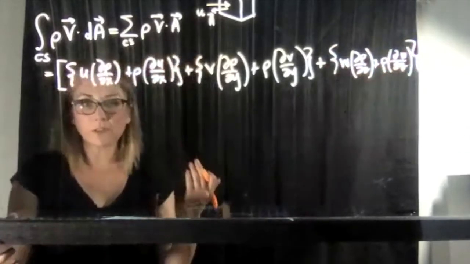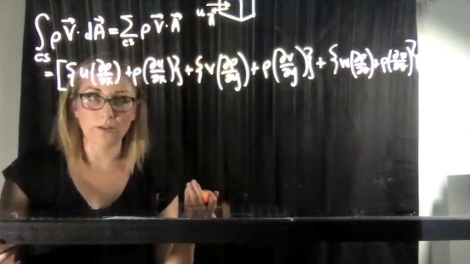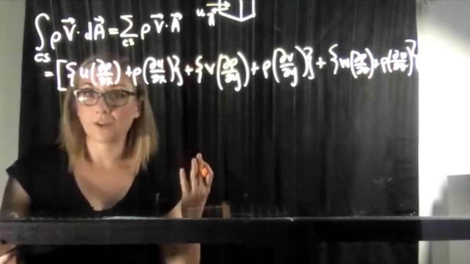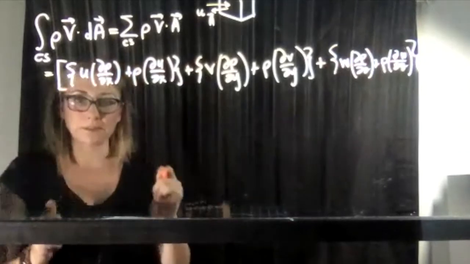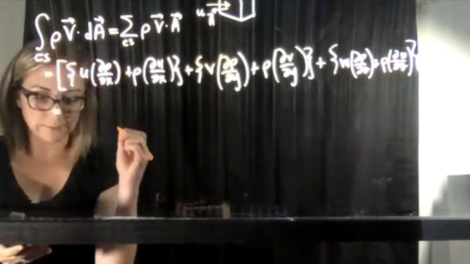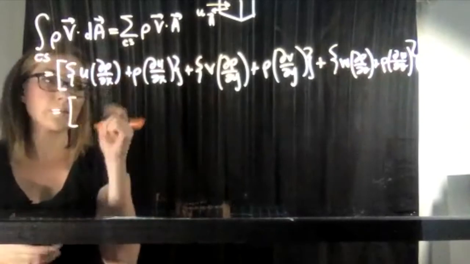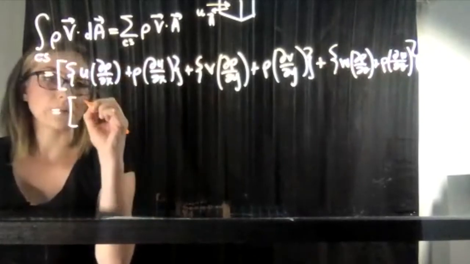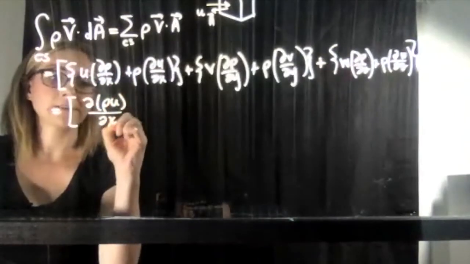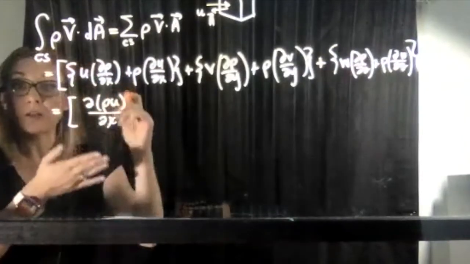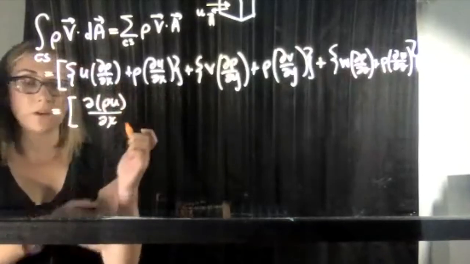All right, and if you look at this for a second, you might notice something convenient going on here. We can collapse this a bit more. This first term is just the same thing as if we took the derivative of rho u with respect to x, and we just do the product rule and expand it out, and it's the same thing.